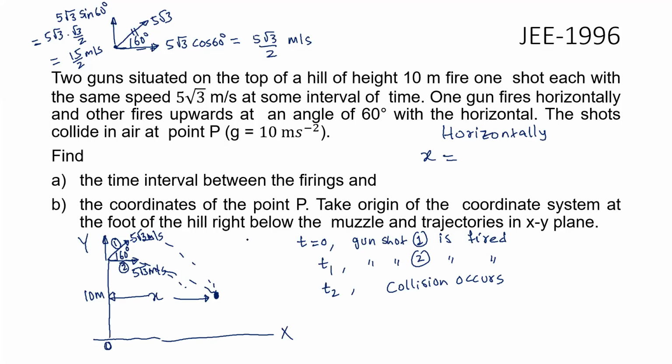Now, if I take a look at the first particle, its horizontal speed is 5 root 3 by 2, and then it was in the air for t2 seconds. If I take a look at the second particle, the horizontal velocity is 5 root 3. But it was fired after t1 seconds from the beginning. So it is in the air for t2 minus t1. Are you guys okay?